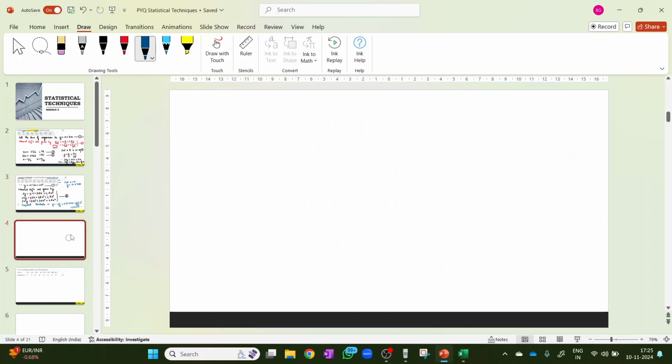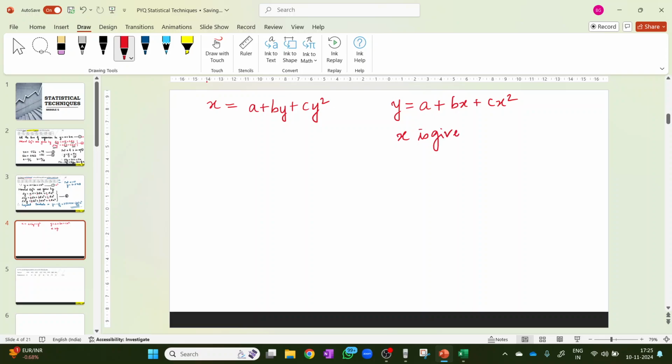Now, if that is a question, should I take x is equal to something or y is equal to something? How do I determine? You can have this equation also, which is a parabola, and this equation also, which is a parabola. So now here, understand which value is given. If x is given and you have to find y, you will use this equation, y is equal to, with x on the independent side.